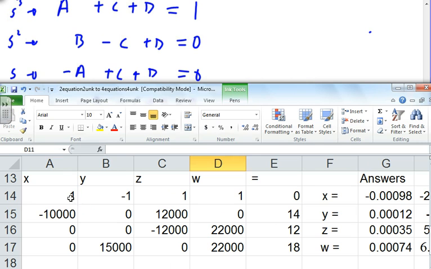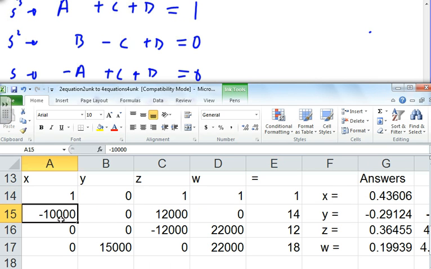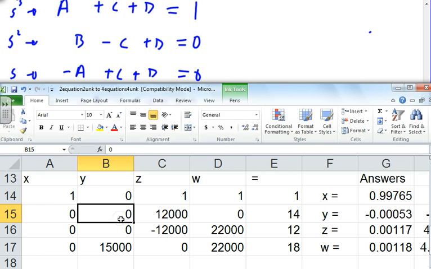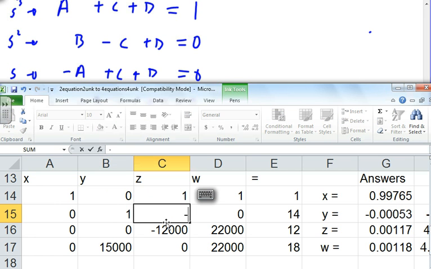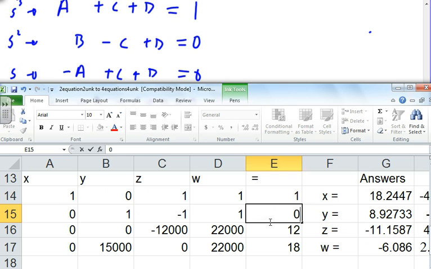So A is 1, B is 0, C is 1, D is 1, that's 1. Next, A is 0, B is 1, C is minus 1, D is 1, that's 0.